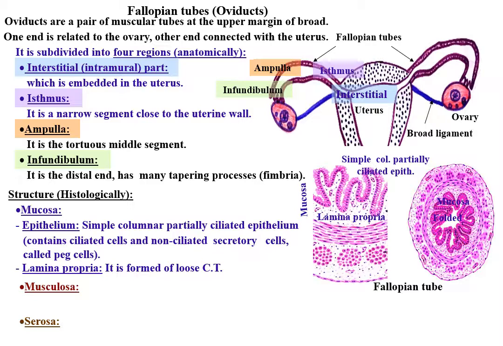The epithelium rests on lamina propria, formed of loose connective tissue containing reticular fibers, mast cells, and lymphoid cells.